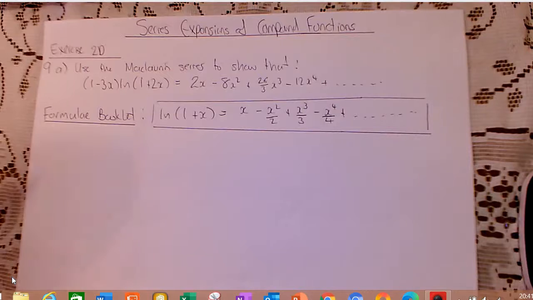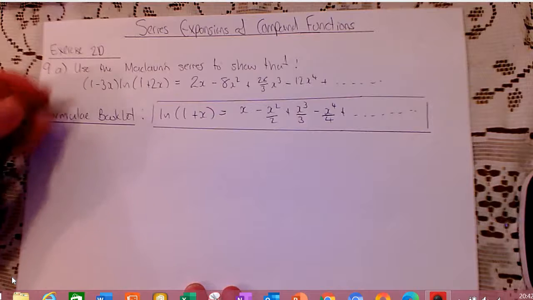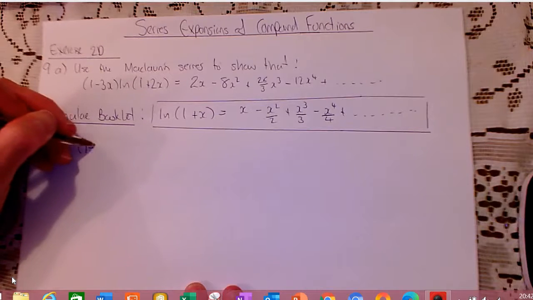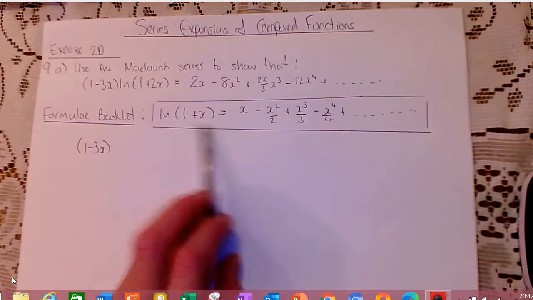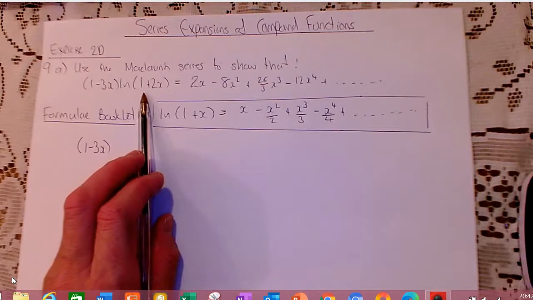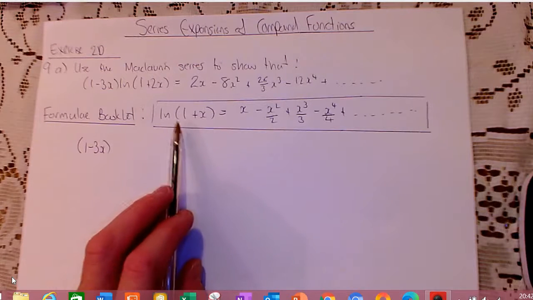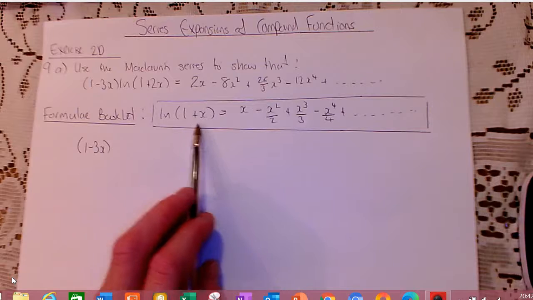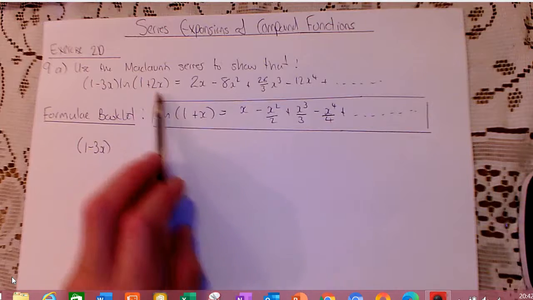So I don't do anything with 1 take 3x, so let's just write that out again. And this is my expansion for ln of 1 plus x. I've got ln of 1 plus 2x. So all we're going to be doing is a substitution. Wherever I see my x, I'm going to be replacing that with 2x.